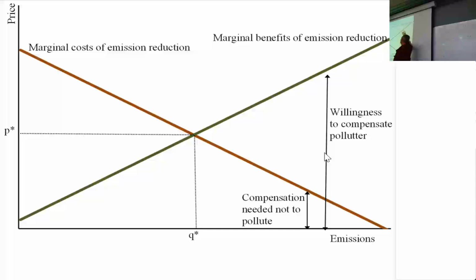So at this point, you can strike a mutually advantageous bargain, right? Because your willingness to pay to shut him up is larger than his willingness to accept compensation for shutting up, right? Now, you can strike a deal here, you can strike a deal here, you can't strike a deal here, right?